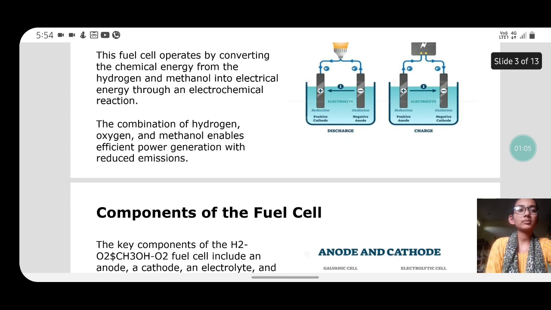A cell which converts chemical energy into electrical energy is known as an electrochemical cell. The combination of hydrogen, oxygen and methanol enables efficient power generation with reduced emissions.